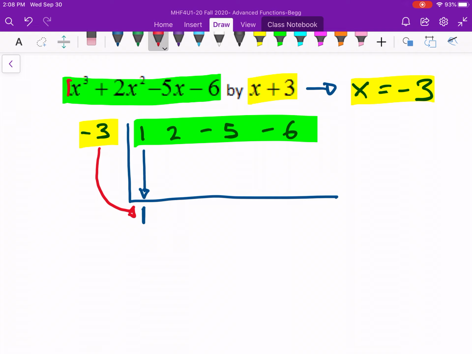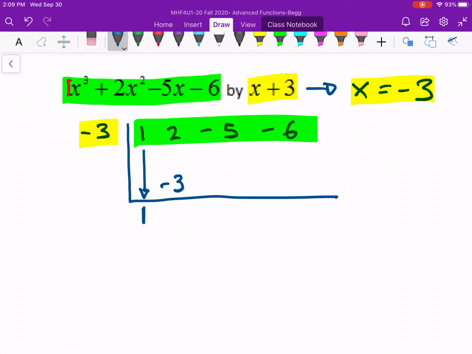That's negative 3, and we write it just above the line, in the next column. And we can see that we've got negative 3 there.